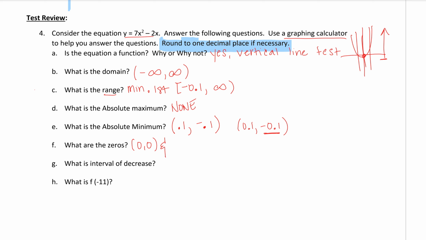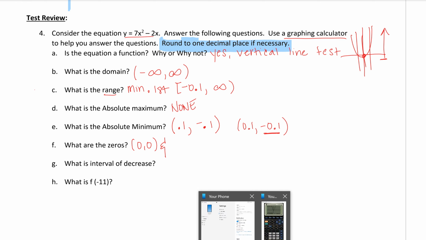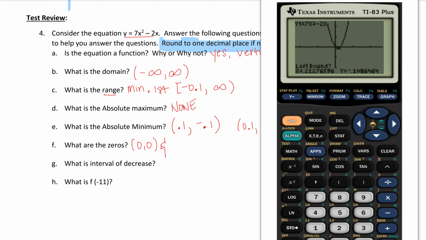Now I'm going to calculate the other one. So I go to my calculator. I have hit zoom calc. I'm going to go left bound. Well, left bound whenever you're doing zeros means bottom to the top. So I'm going to hit enter. I'm below my line. Now I'm going to go above my line and hit enter, enter.